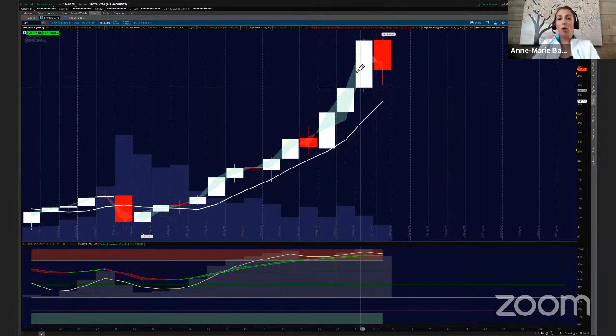Let's say you were looking at the SPY, or any chart, and you didn't know a single thing about it. You saw it retracing your candle body, but everything was moving straight up, and you had a moving average to the upside.